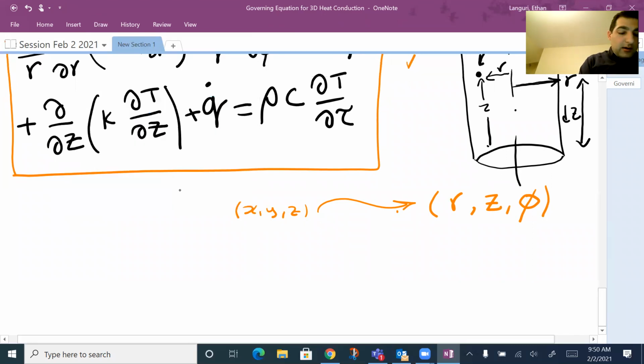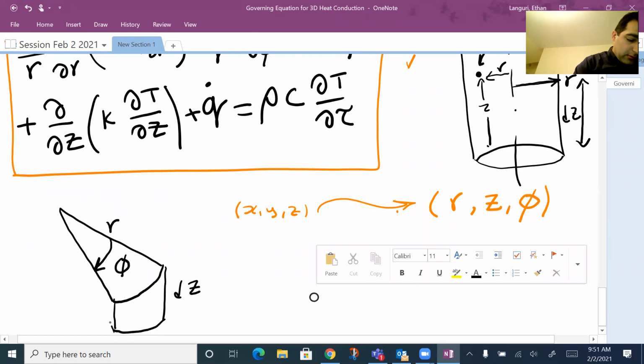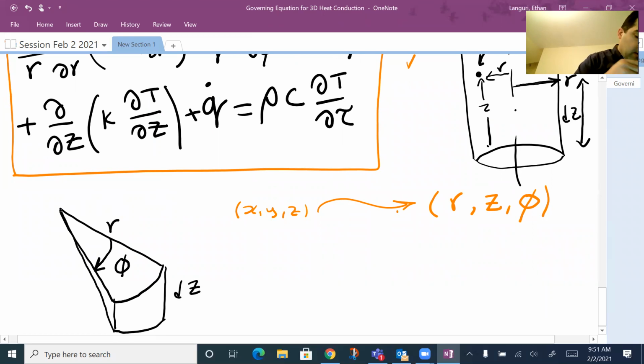One more thing I want to highlight, which might help us better: if this is R and this is Z or dz in this case, and this is showing my phi, the angle from my base, this can be just a slice or control volume to which we can apply all our incoming and leaving energy, heat generation, and changing internal energy of our finite volume for such a system.